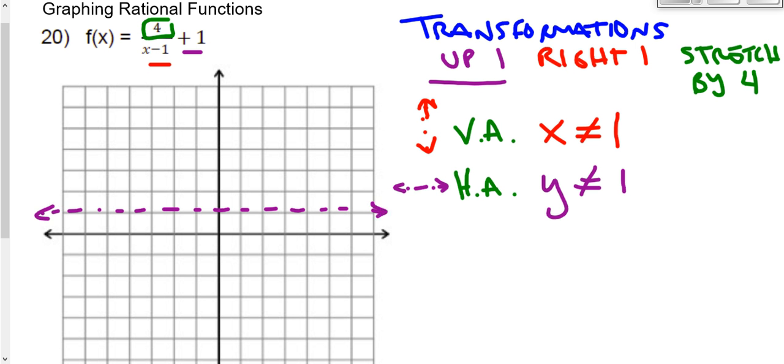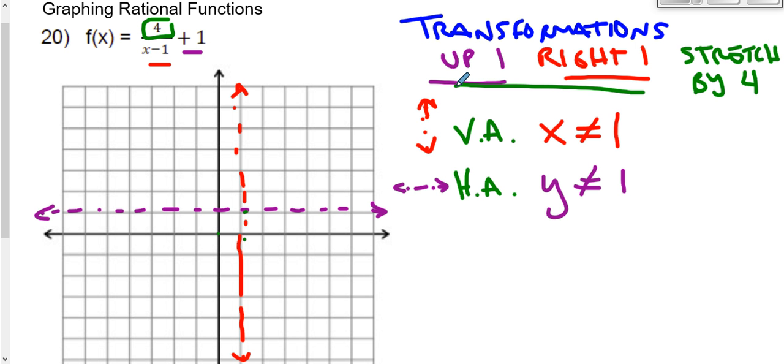I've also moved my graph to the right 1 spot because of this transformation. That's my vertical asymptote has been moved to the right. So I'm going to go ahead and draw my vertical asymptote as a dotted line, 1 unit to the right. What you'll notice is the spot where they cross has moved away from the origin to the right 1 spot and up 1 spot, which is exactly what we said was going to happen in our transformations.